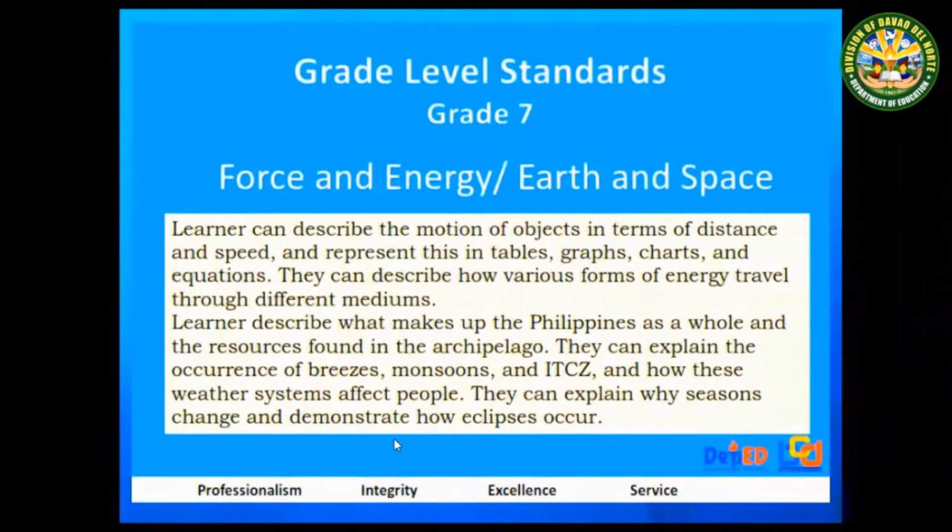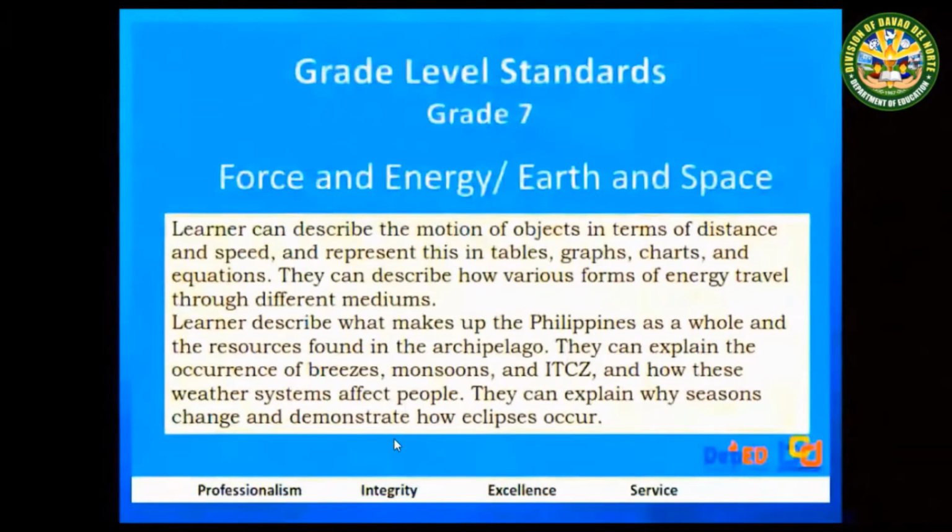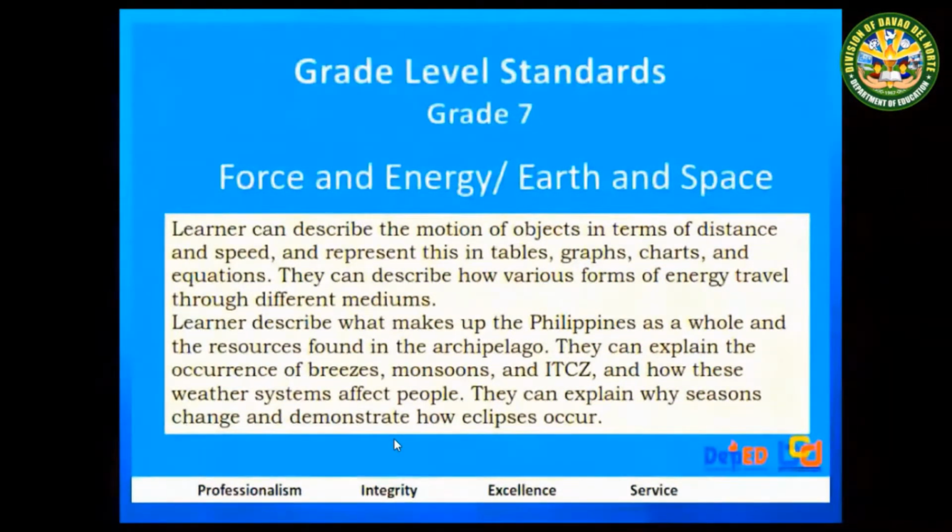Learner describe what makes up the Philippines as a whole and the resources found in the archipelago. They can explain the occurrence of breezes, monsoons, and ITCZ, and how these weather systems affect people. They can explain why seasons change and demonstrate how eclipses occur.